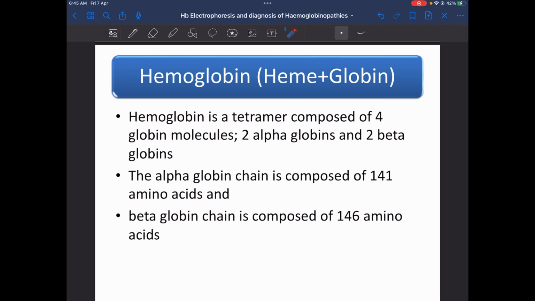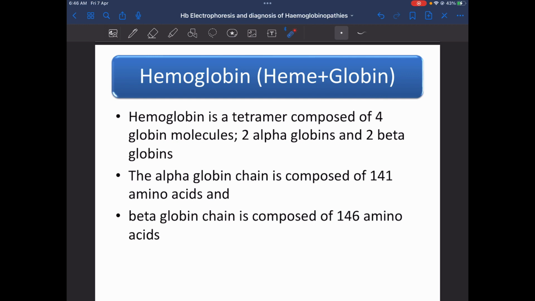It's this organic ring-like structure, which is protoporphyrin, which has iron bound to it, so that's the heme portion. Now, one hemoglobin is composed of four globin chains, and each of these globin chains is actually bound to one heme. So the entire hemoglobin compound has four globin chains and four hemes attached to each of these globin chains.